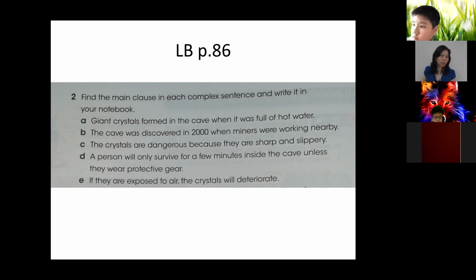Open your thinking journal. Don't forget to write LB page 86. And now let's discuss which part is the main clause of these sentences. A. What is the main clause of the sentence?